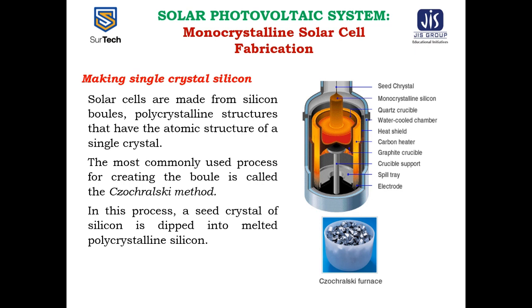So in that crucible the silicon is melted. And this is the quartz crucible. The seed crystal is dipped into the melted silicon, and it is rotating and pulling out.